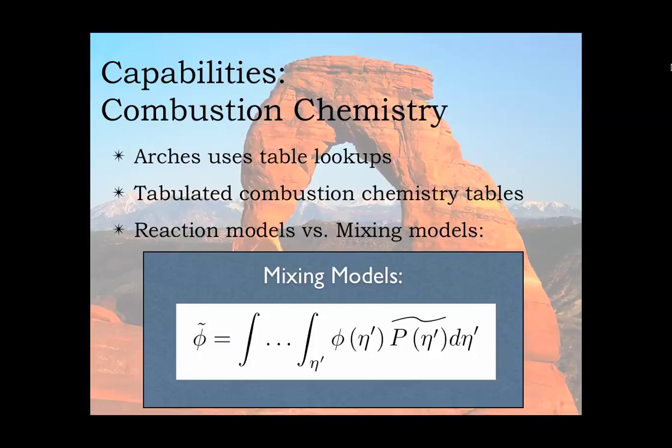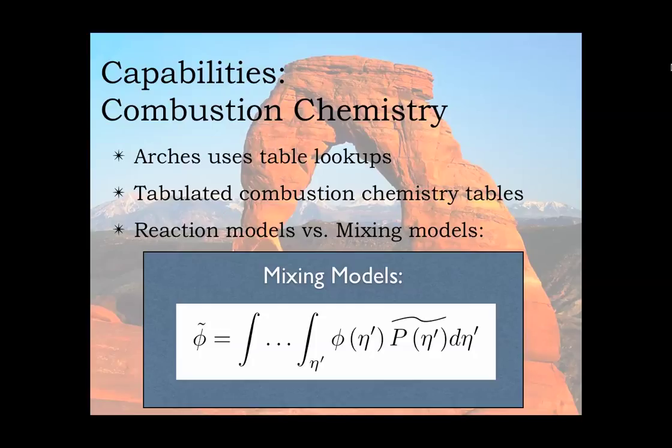Okay? So this is how ARCHES tracks chemistry. Rather than trying to solve 300 coupled differential equations for all these different concentrations and rate constants and all that, what it does is it does all of that offline, and it does all of this integration over PDFs offline.